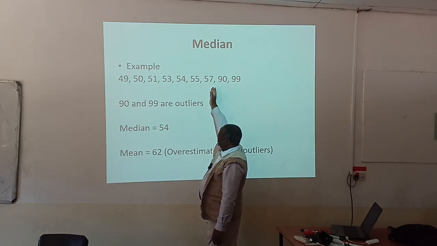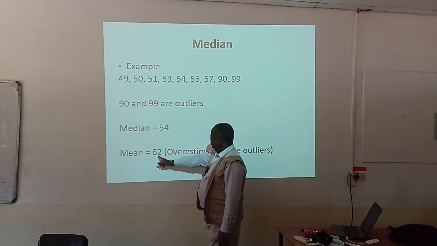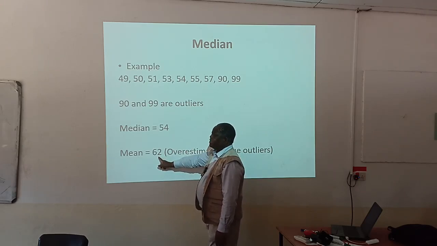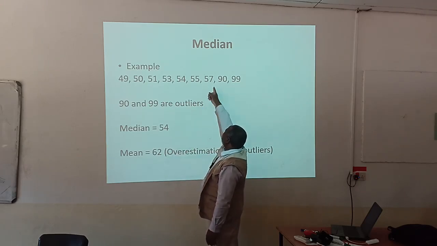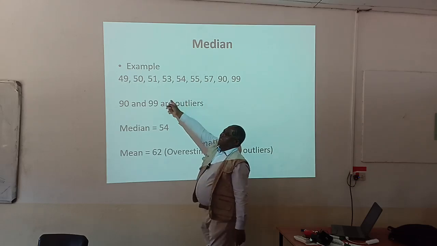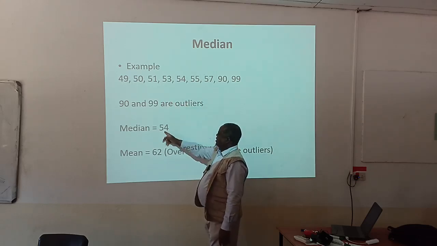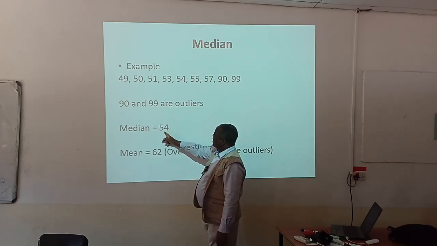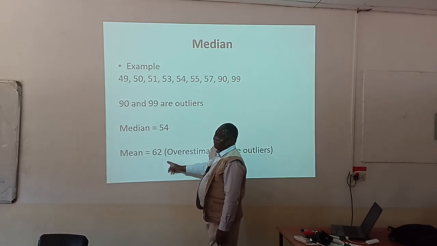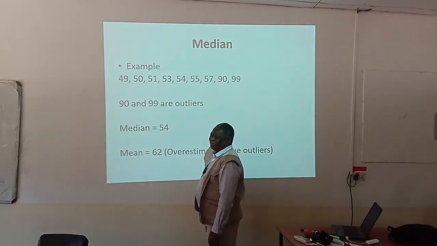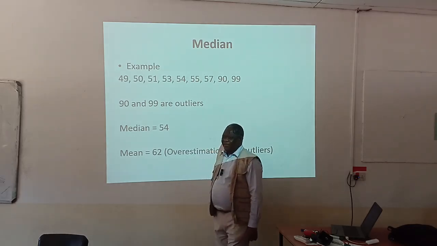Because of that, the computation of the mean comes to 62, which is far away from the majority of the students. But the median is not affected that much. It is affected, but it's not much.